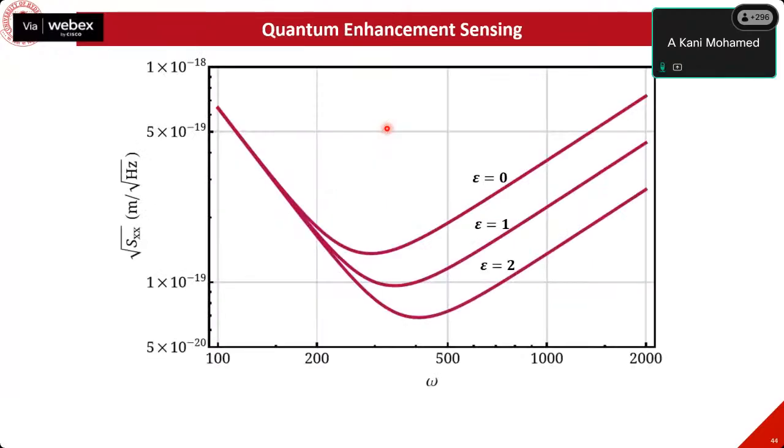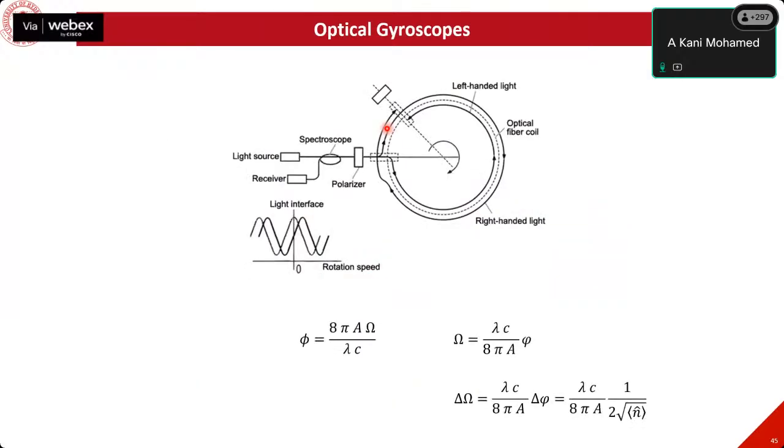And I will talk about another similar interferometer technique, that is the optical gyroscope. This is another quantum sensing technique which relies on a similar principle of optical interference. Here a simple coherent light is split into two beams which are traveling in a closed circular loop.